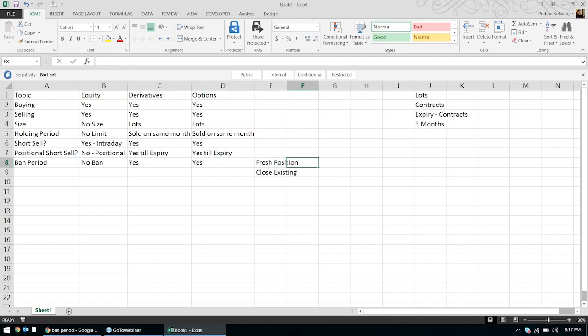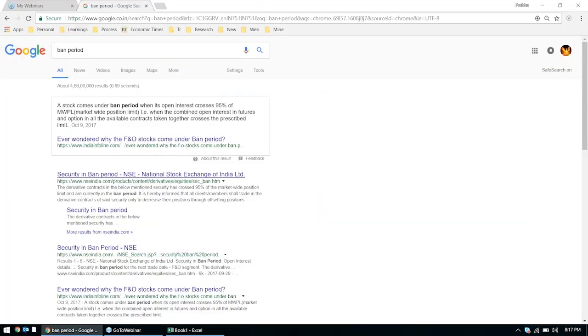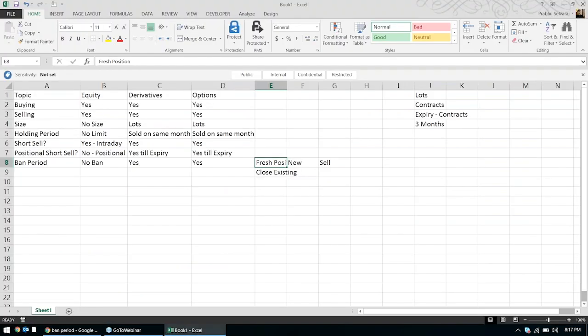You cannot buy a new contract or sell a new contract. But if you had an existing contract, you can always close the position. It's clearly explained over here. You can have a look at it. Simple, straight answer: no fresh positions.